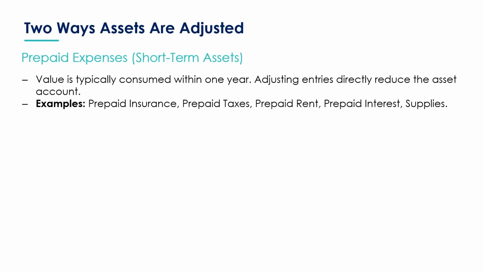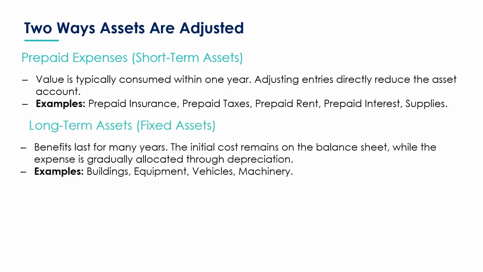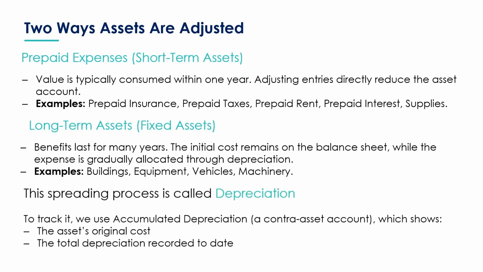We now turn to long-term assets such as buildings, equipment, and machinery. These provide benefits for many years. Instead of reducing the asset account directly, we keep its original cost on the balance sheet and gradually allocate that cost over its useful life. This process is called depreciation, and it's tracked through a contra-asset account known as accumulated depreciation.